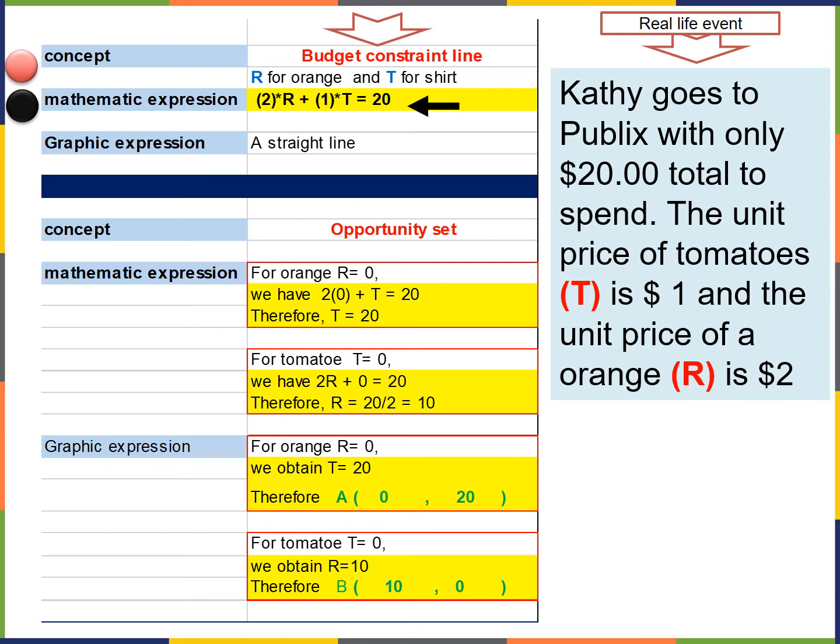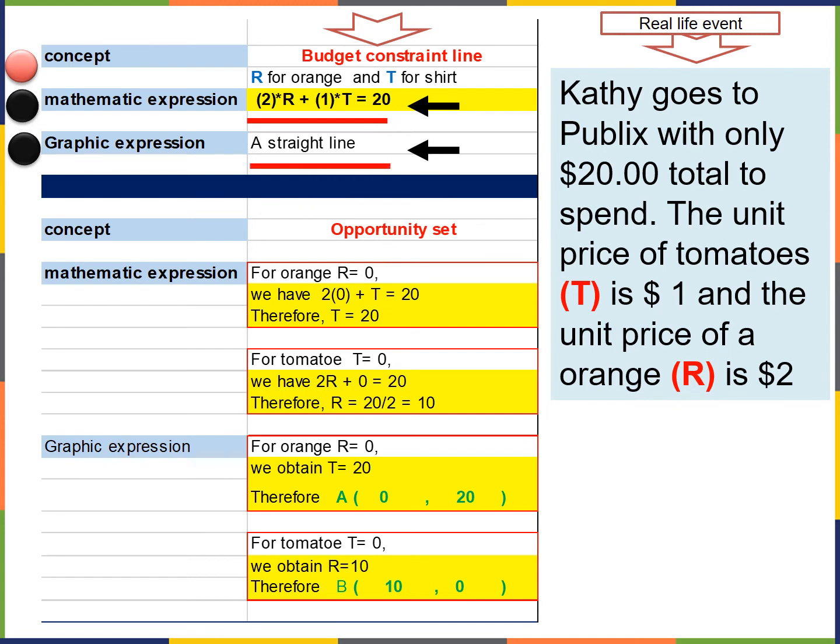Then I multiply the price of tomato times the quantity of tomato purchased. When I add both purchases, that will be equal to the $20 budget. And for the graphic expression, as we mentioned above, it will be a straight line that we will further explore.